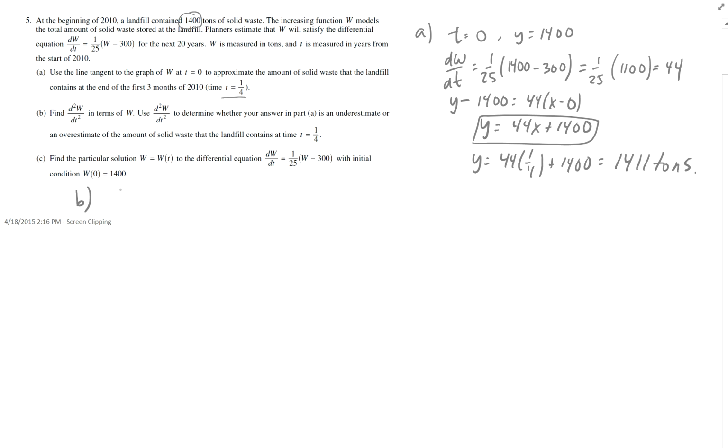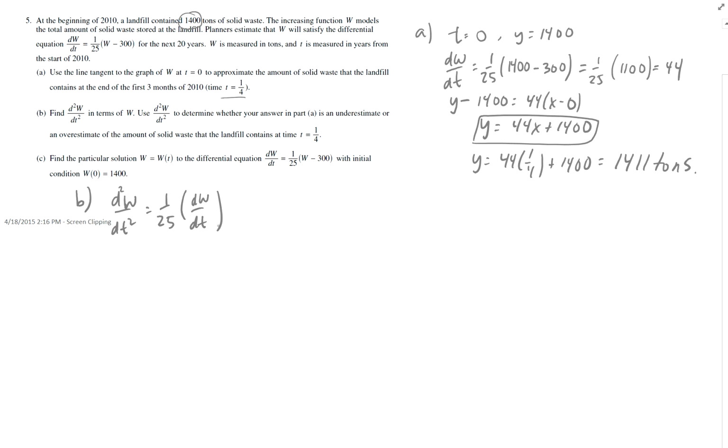B. Find the second derivative in terms of W. So d squared W over dt squared. I'm going to take the second derivative of that, leave the constant out, and the derivative of W is dW/dt, minus the derivative of 300 is 0.